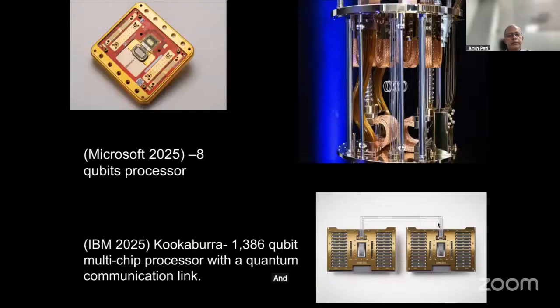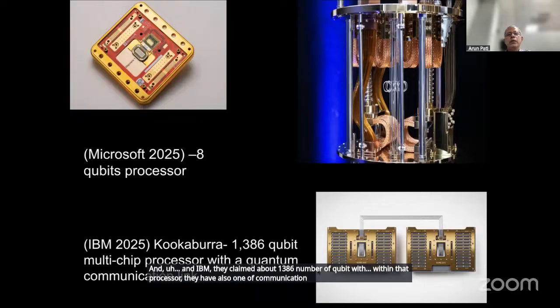And last year, Microsoft claimed to build an 8 qubit processor, and IBM claimed about 1386 qubits. Within that processor, they also have a quantum communication link and so on.